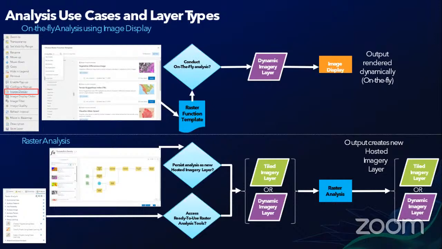Comparing it to on-the-fly analysis, you find that raster analysis always persists its output as a new layer, so you're able to perform that analysis and have a new output from the processing itself. Having these two scenarios can be helpful to consider, whereby you might be thinking about which of the use cases might be helpful to support your organizational workflows.